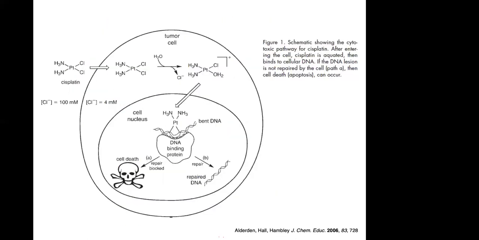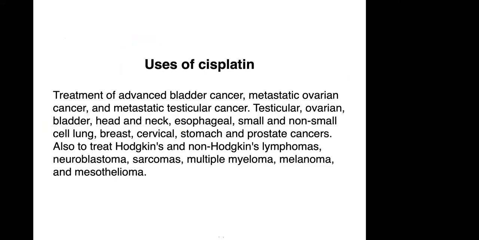And so this is why cisplatin is so widely used as a drug treatment for cancer, and it has very broad usage. It's used in treating, as you can see here, many different forms of cancers, and it can have a very good response rate.